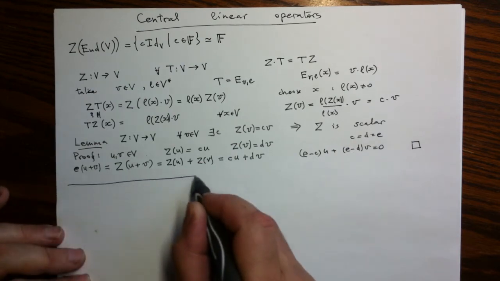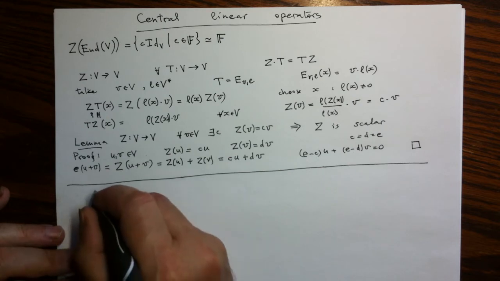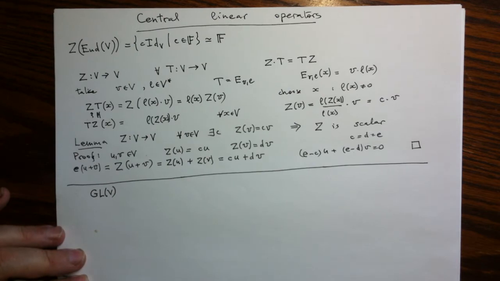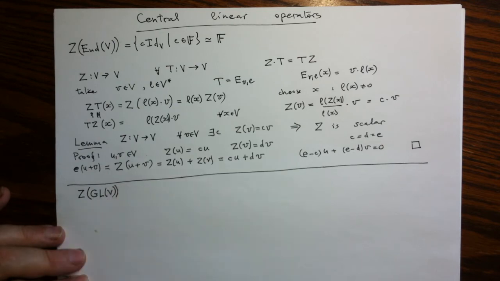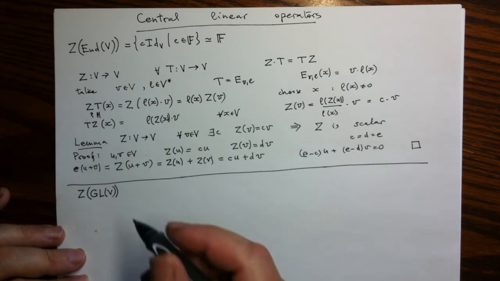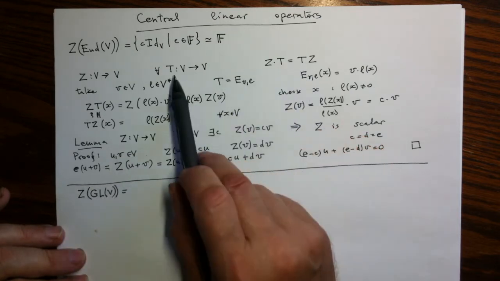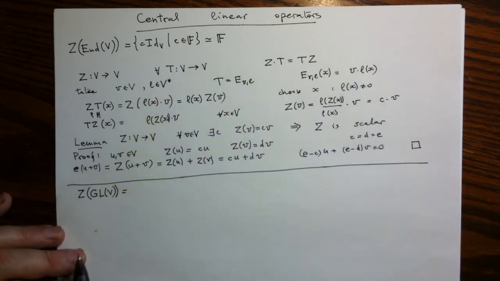Okay, let me draw a line and then look at a different but very related problem. So let me restrict myself to invertible operators. They form a group, the general linear group, and again I will be asking myself which such invertible operators commute with everything. So that will be the same equation, but now T can be any invertible operator, not just any linear operator at all.